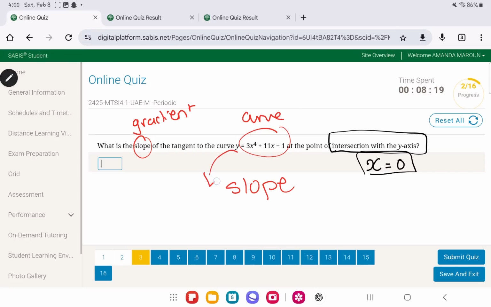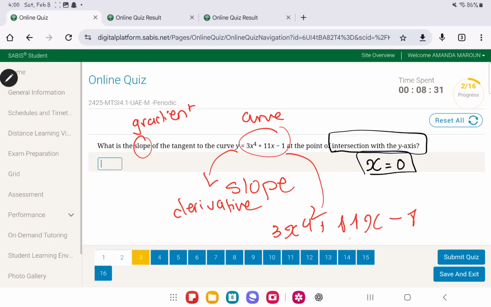To find the equation of the slope is very simply to find the derivative. So to find the derivative, I think we know how to do it now. So 3x to the 4 plus 11x minus 1 becomes 12x to the power of 3 plus 11. Okay, so this is the equation of the slope. All right, and we know that x is equal to 0.